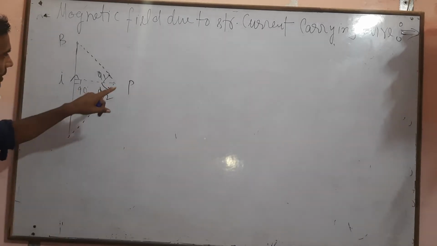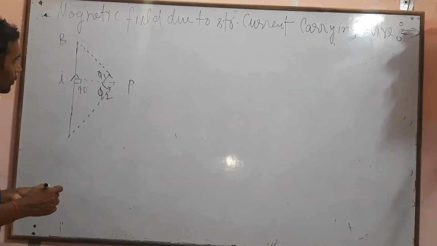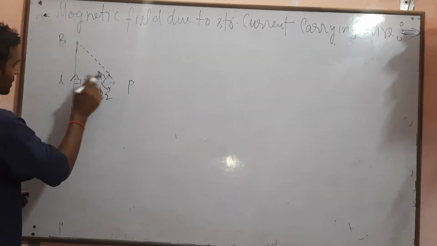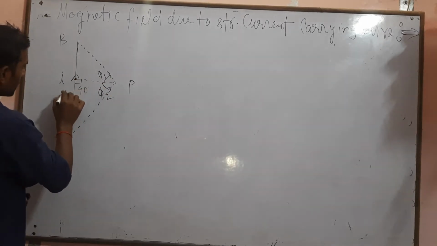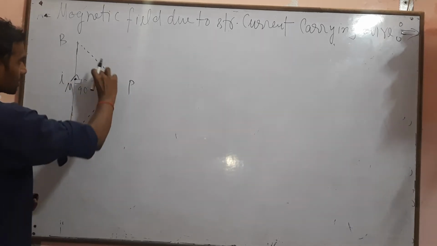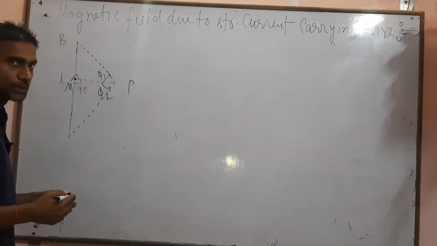This is phi 1 and this is phi 2, in opposite sense from this line. If this point is the M point, then from line MP, this is the angle phi 1, this is the angle phi 2.